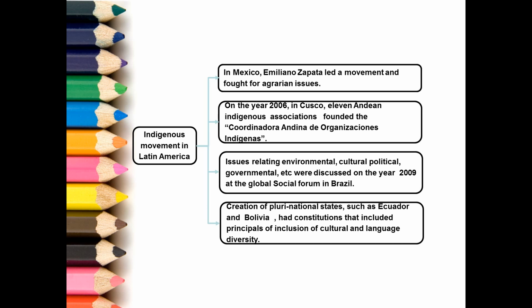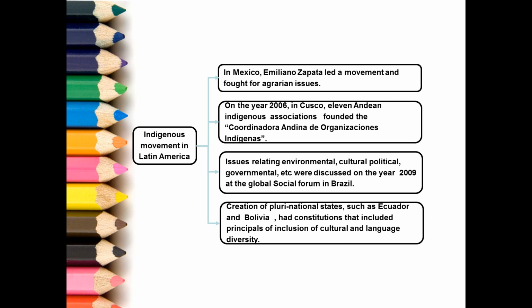Now, this forum treated topics regarding environmental, political, and government issues, etc. But the thing is that this was a space where people with the same interests reunited and accumulated power and influence and sought to change something. That was why this is relevant, and this took place in Brazil.